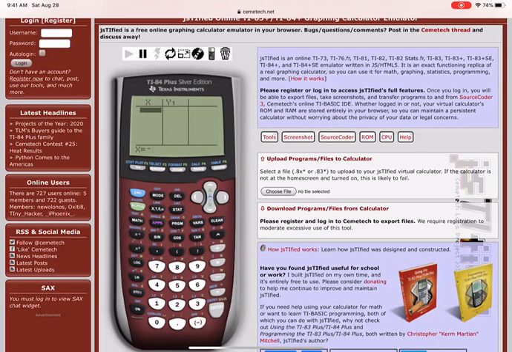So -2, -1, 1, 2. I forgot 0, so 0. So -2, -1, 0, 1, 2.